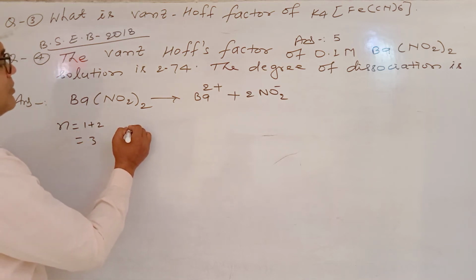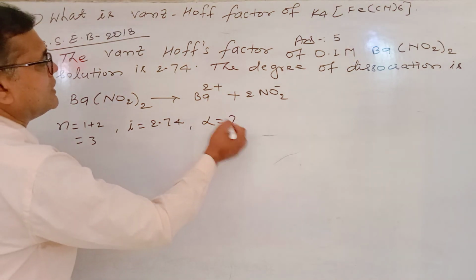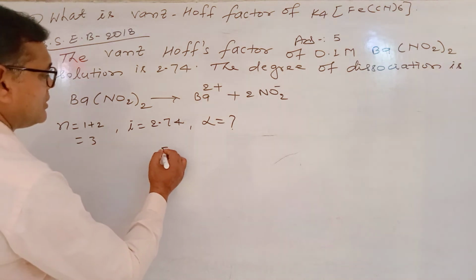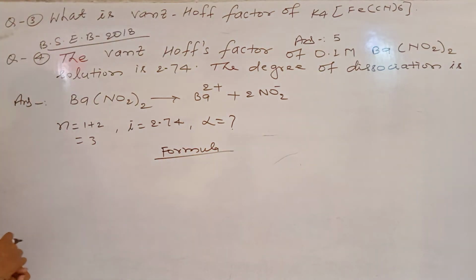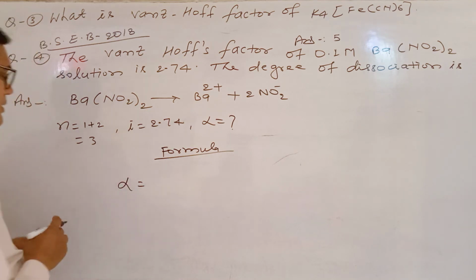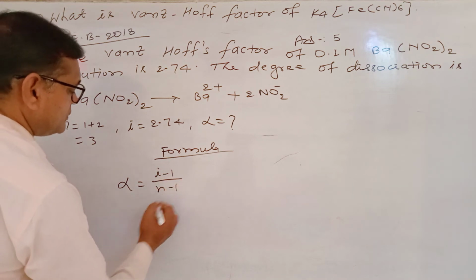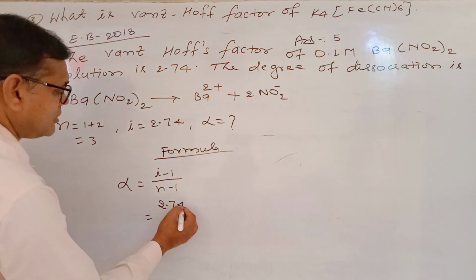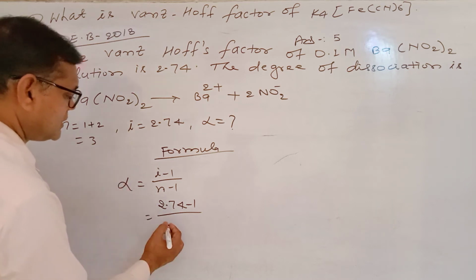The value of i is equal to 2.74. Degree of dissociation alpha is equal to what? We write a formula. Alpha is equal to i minus 1 upon n minus 1. The value of i in the question is 2.74 minus 1. The value of small n is equal to 3 minus 1.